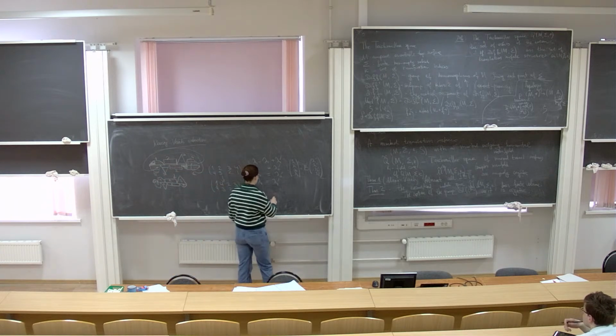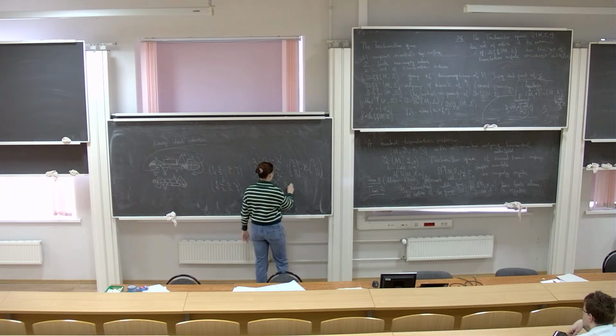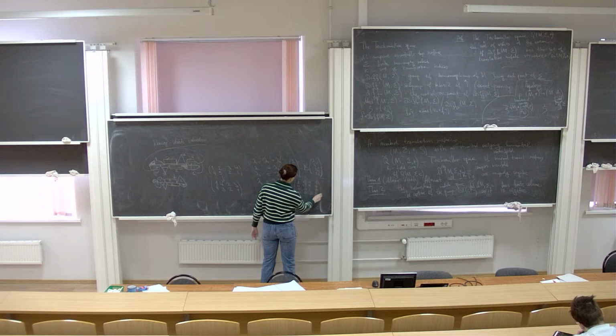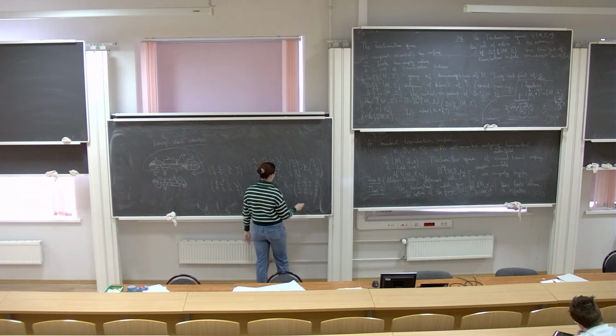In particular, in this case, what we have is 1, 0, 0, 1, 0, 1, 0, 0, 0, 0, 1, 0, 0, 0, 0, 1. And this unexpected 1 is this one.